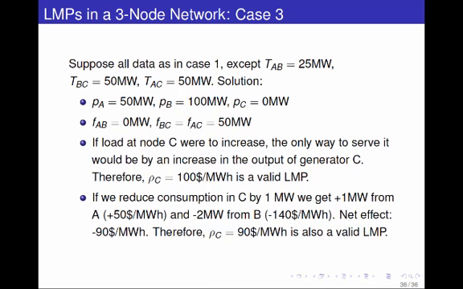So you get this range of anything between $90 and $100 will in fact be an LMP. It's a valid LMP. So these are the three messages from this example.